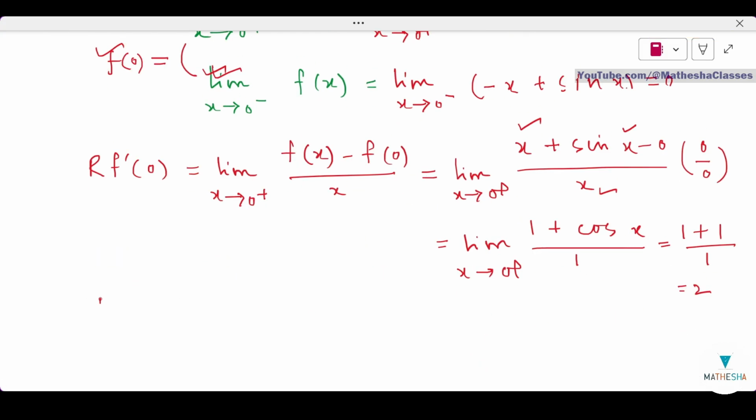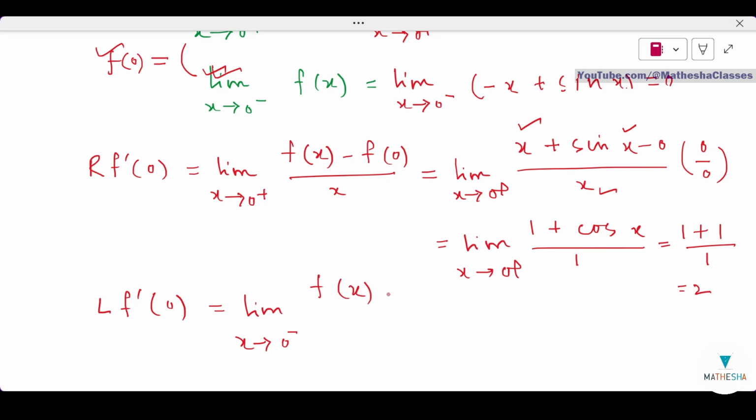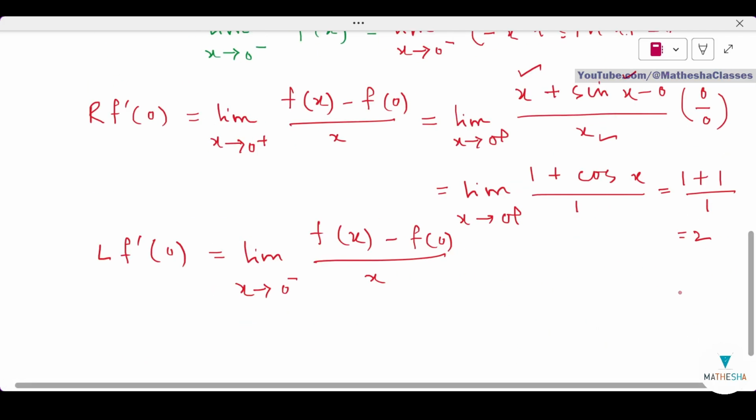Let us now calculate the left hand derivative. Everything will remain the same other than the limit, which will tend to 0 minus this time. So limit x tends to 0 minus (f(x) minus f(0)) by x, and here we'll be using the second expression of f(x), that means minus x plus sin x.